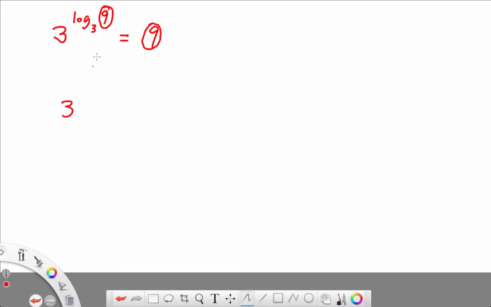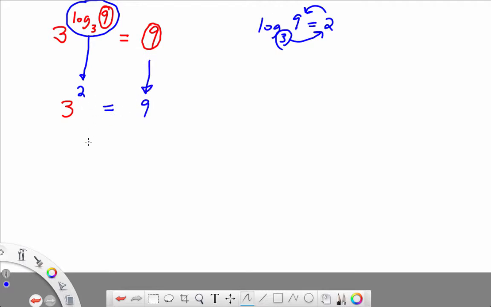In this case, we can actually show it to be true very easily, because log base 3 of 9, the exponent, we know is 2, because 3 squared equals 9. So I can replace log base 3 of 9 with a 2, and then this 9 comes down, and I get 9 equals 9. So in this case, it's very easy to demonstrate that the property is true.